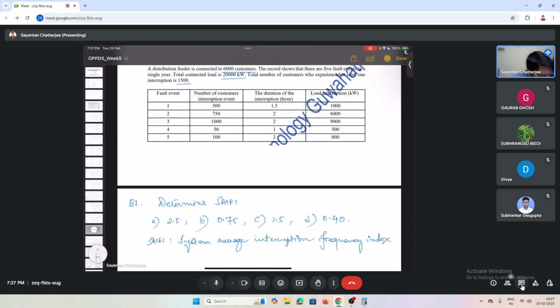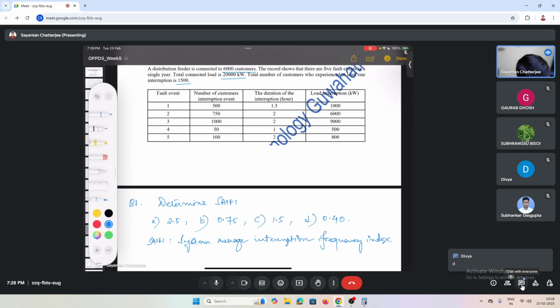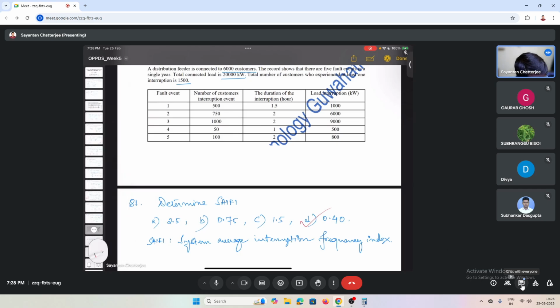D, 0.40, right? Yes, 0.40 is the correct answer.